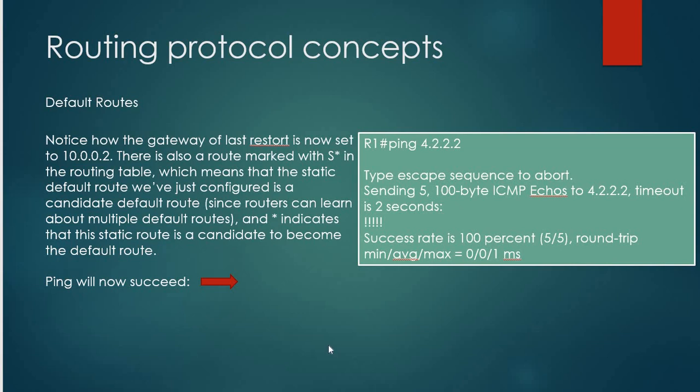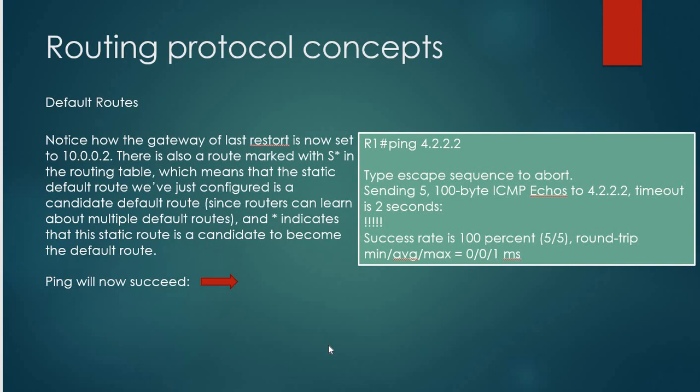So let's see here. Notice how the gateway of last resort is now set to 10.0.0.2. There is also a route marked S* in the routing table, which means the static default route we have just configured is a candidate default route.